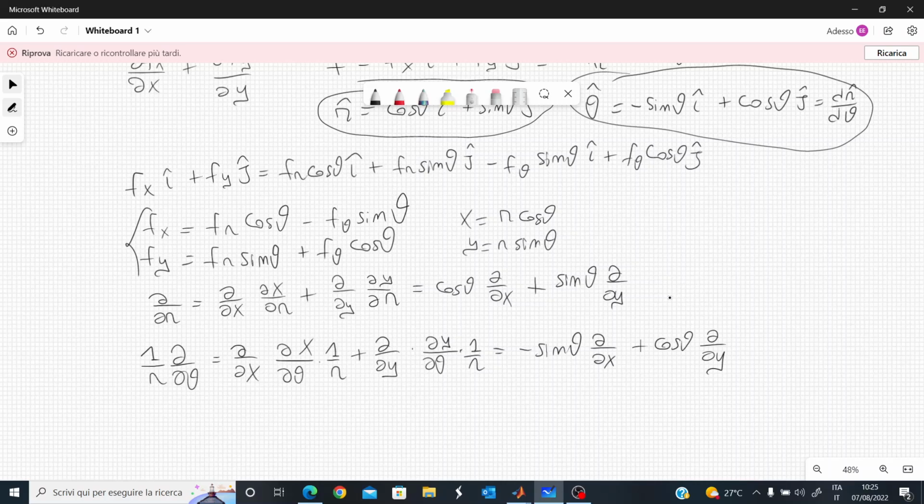Now we have almost all that we need. In particular, here we have a relationship between d over dr, d over d theta, and the derivatives d over dx, d over dy.